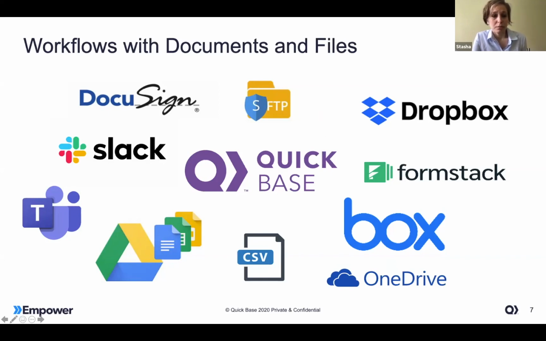In addition, you may need to stay notified about changes, new versions of documents, and the progress of processes. That's why you would use Slack or Microsoft Teams. With DocuSign, you track and enable your document signatures.